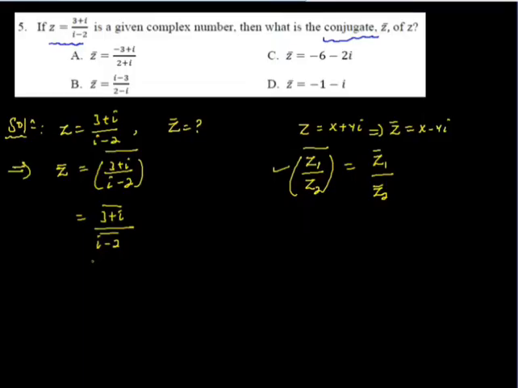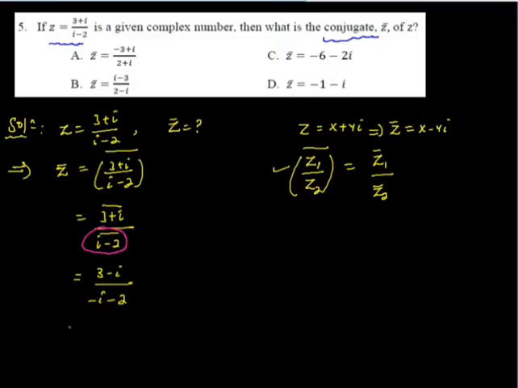By definition the conjugate will change only the sign of the imaginary parts. Therefore it becomes 3 minus i over minus i minus 2. Here you need to be very careful in determining the conjugate of i minus 2. It's minus i minus 2.